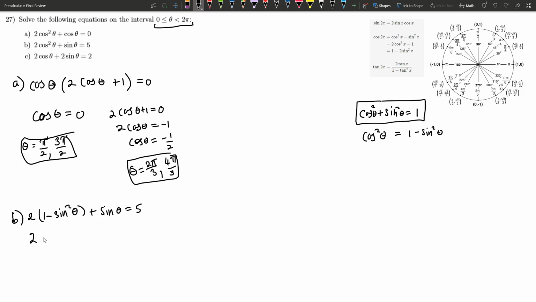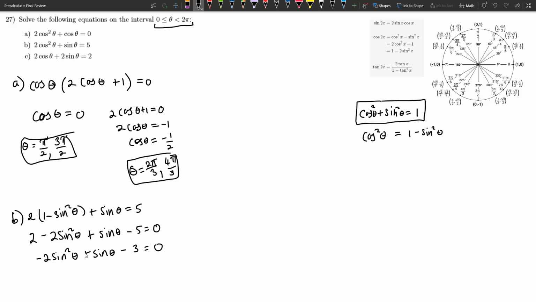So let's distribute that 2. 2 times 1 is 2, minus 2 sine square theta plus sine theta. I'm going to minus 5 on both sides because I want it equaling 0. I'm just going to combine that 2 and that negative 5. So we get negative 2 sine square theta plus sine of theta minus 3 equals 0.